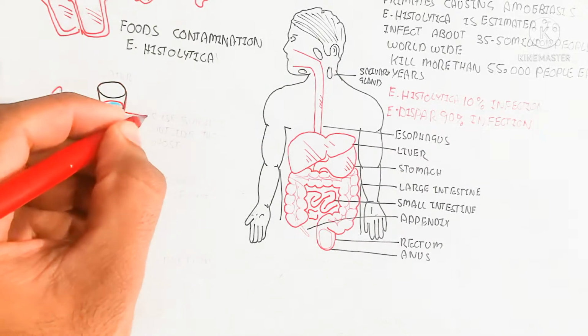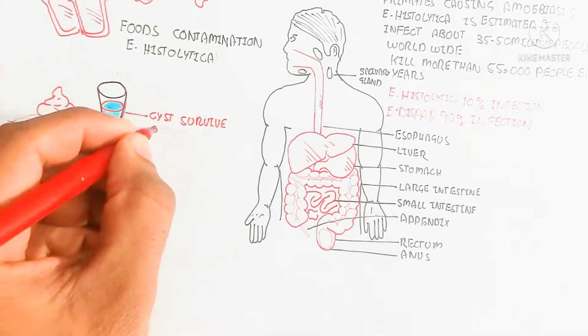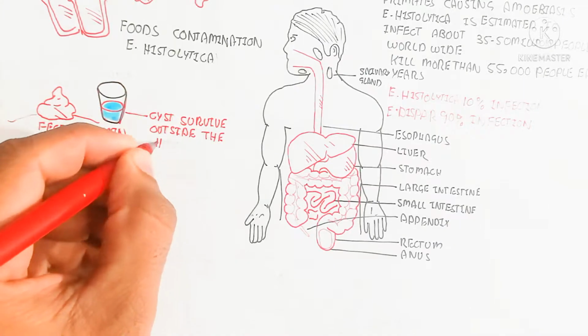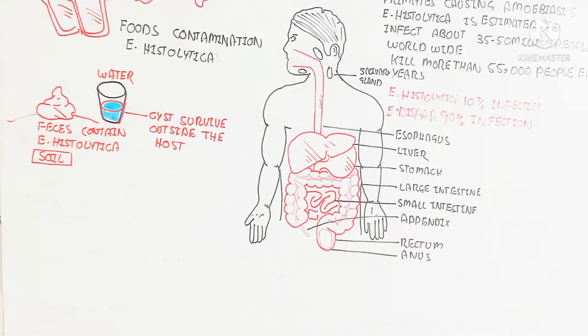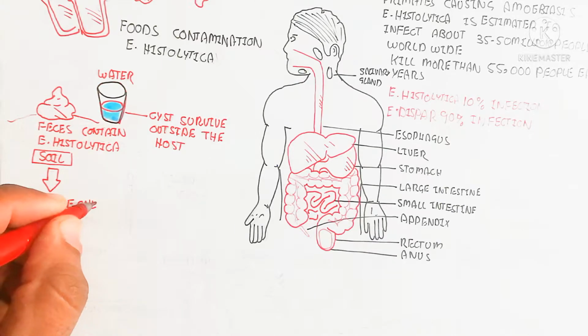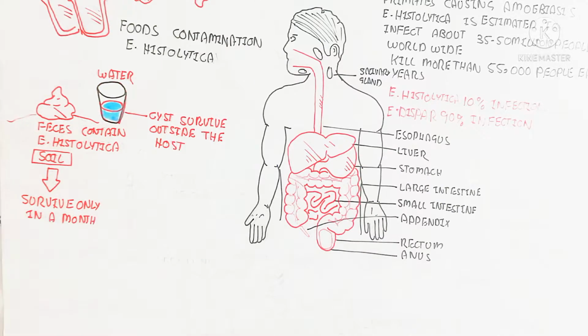Water can also contain cysts that survive outside the host, and contaminated water can also cause amoebiasis.